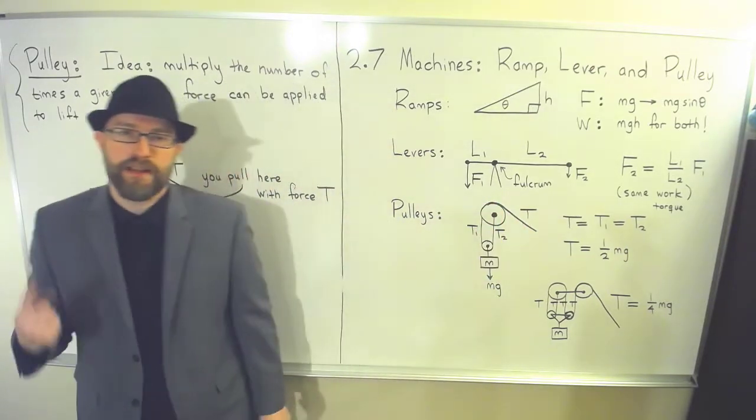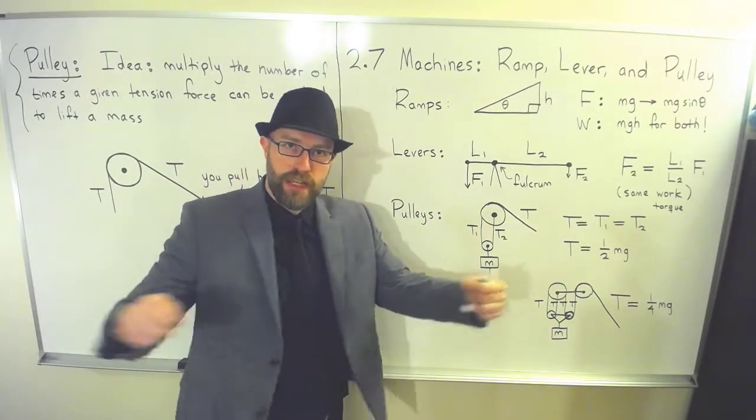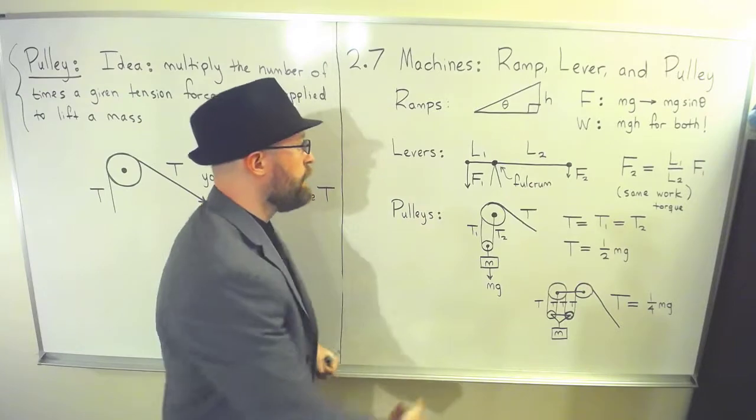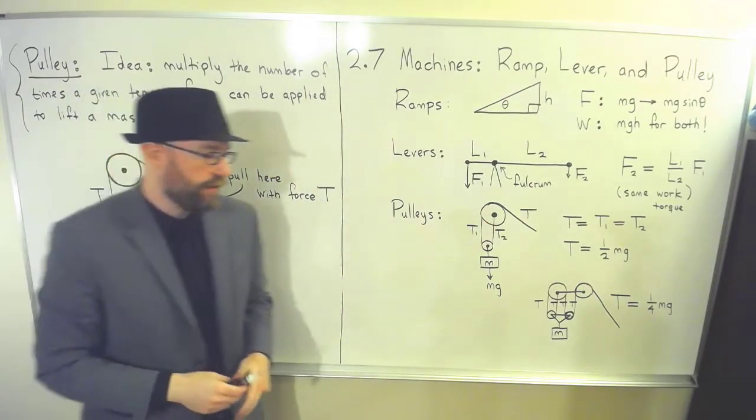Now how do you know that that's the case? Well, if the tension was different at different points, the cable would be deforming. It would be pulling apart. You can think of that as sort of a force equals mass times acceleration thing.